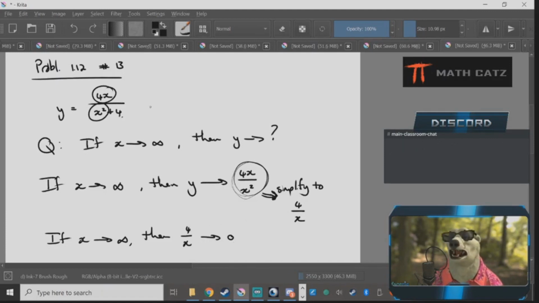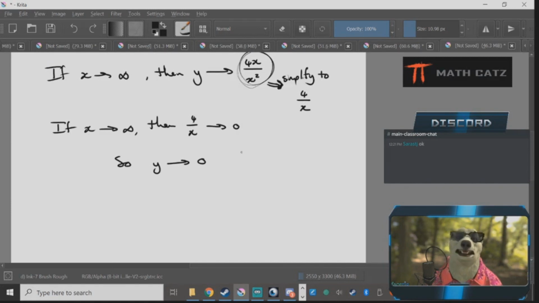And therefore, the original function is going to behave like that as well, eventually. It's not 4 over x in the short term, but if x is big enough, it behaves exactly the same. And because 4 over x shrinks down to 0, the function will as well. No assumptions made at any stage.